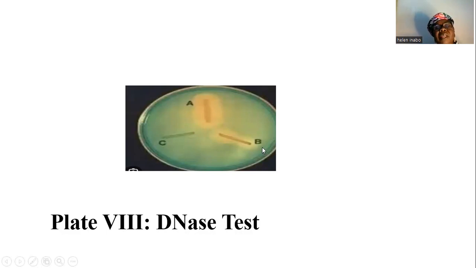Isolate A and B show evidence of a clear area around the streak where the test organisms were inoculated on the surface of DNase agar. Here you have the clear area around isolate A and isolate B, following the flooding of the DNase agar after incubation.